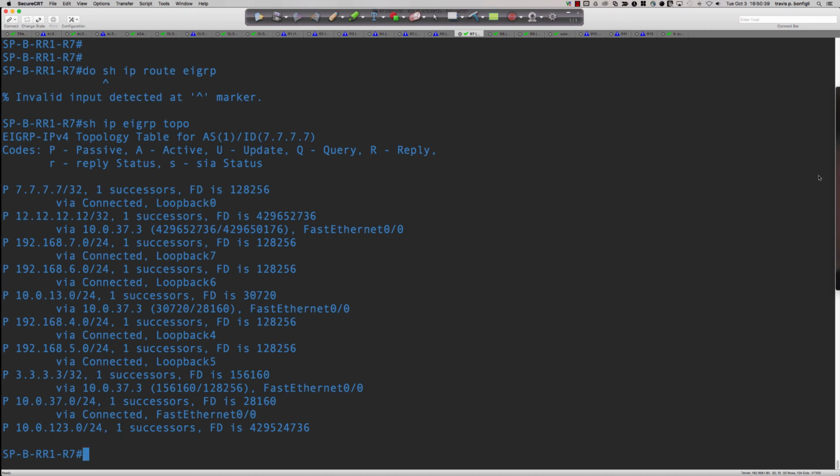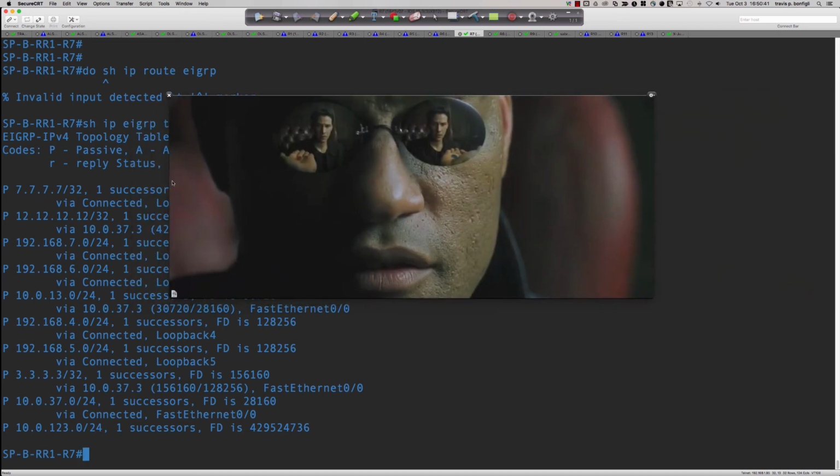All right, so I'm assuming that if you made it this far, this is you over here. And that is going to wrap up this supplement. So again, we talked a lot about summarization and the true benefits of summarization. We talked about calculating the distance, the metric, and an easier way to do that by adding the prefix and prefix length in CIDR notation to the show IP EIGRP topo command. And then we red pilled it.